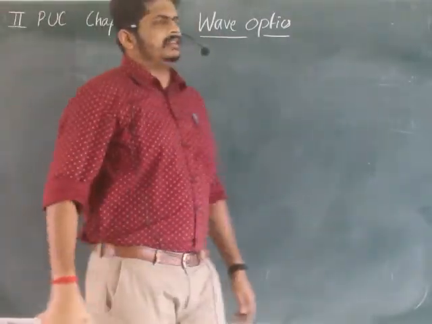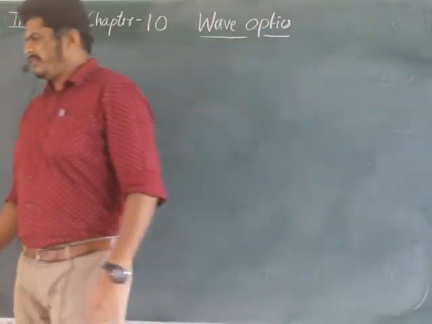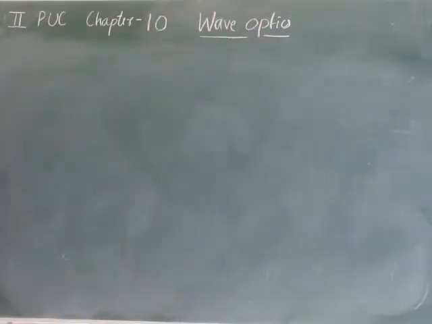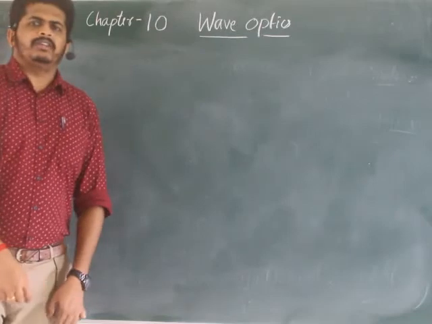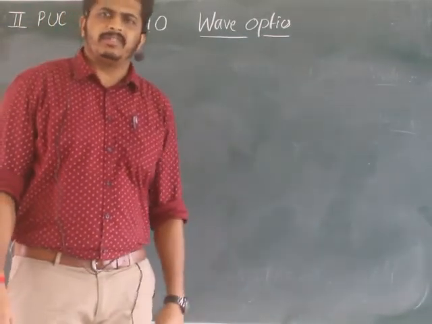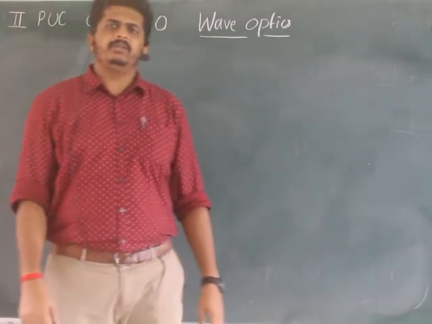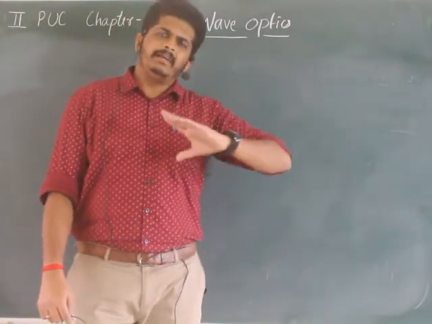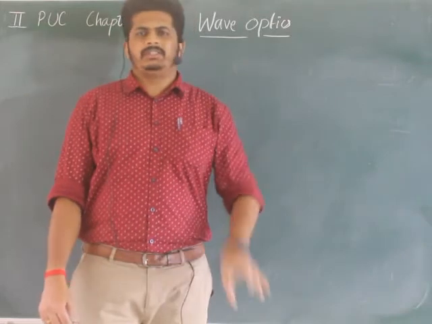By understanding the nature of light, which exhibits convergence, divergence, all those things we have discussed in the previous optics concept, the same thing we are going to see here in plane wavefront form, how it looks.